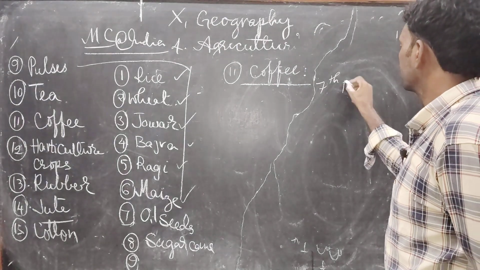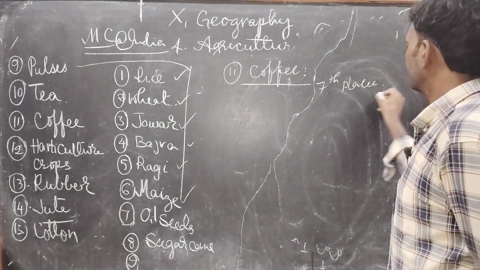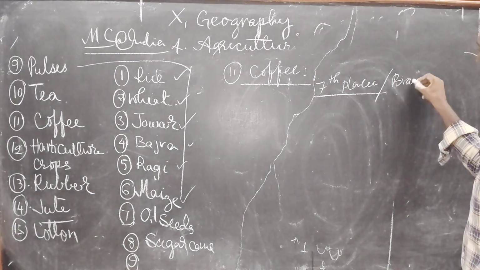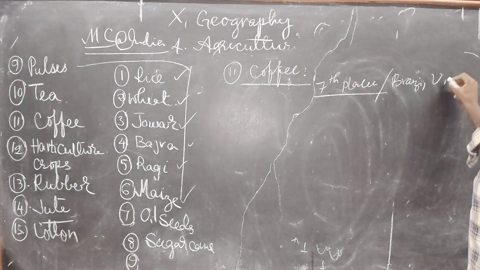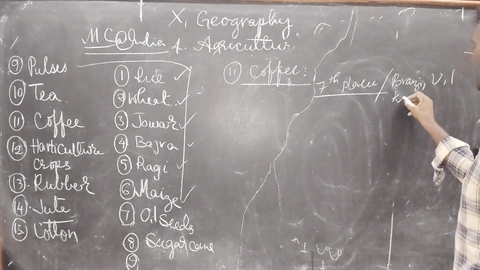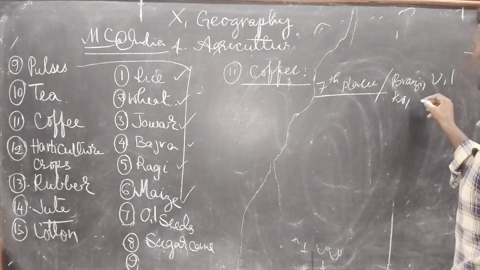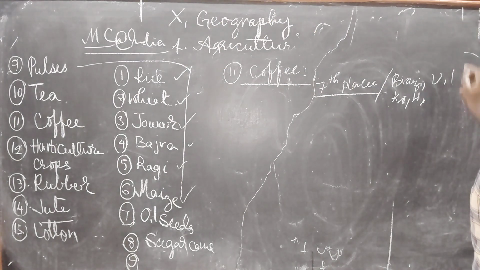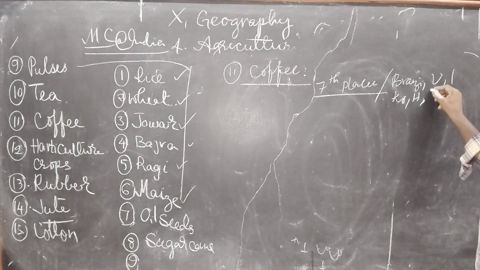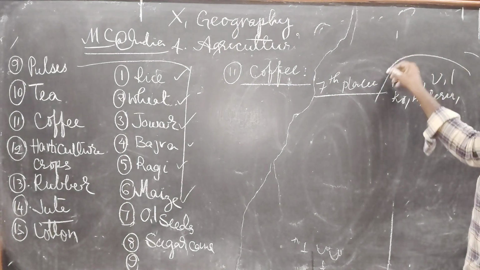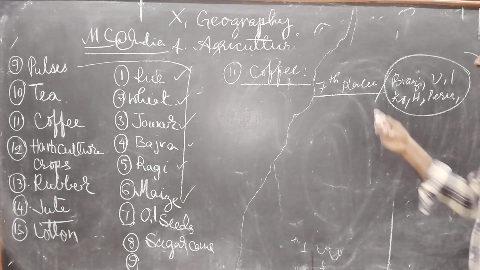First place is Brazil, and then Vietnam, and then Indonesia, and then Colombia, and then Honduras, and then Peru. These are the most coffee-producing countries.